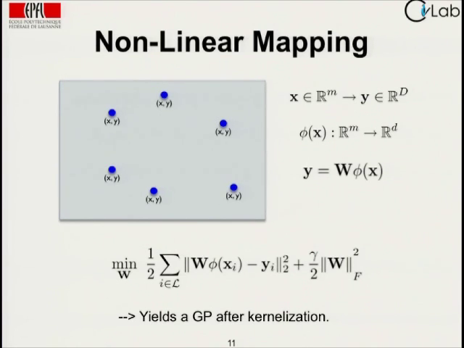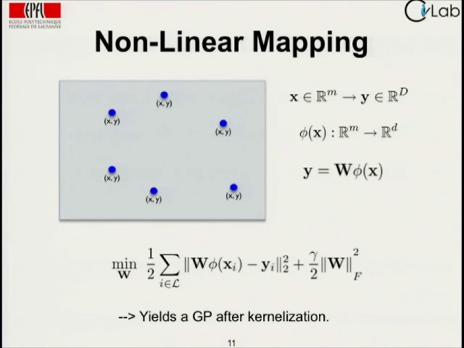So first, let's start with the simple thing. Let's say X are my latent variables, and the Y's are the meshes I'm trying to reconstruct. I could imagine having a database of these and learning a nonlinear mapping.